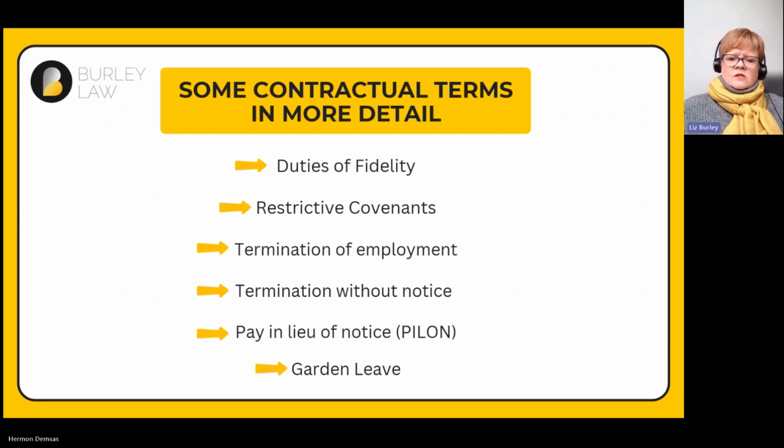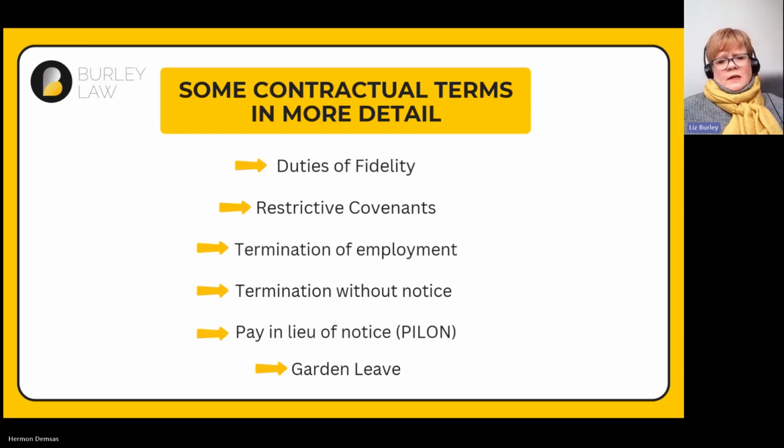Typically, those covenants would cover not competing with the business and not setting up a competing business, not going to work for a competitor, and not poaching customers and possibly also suppliers for a particular period of time after the employment ends.